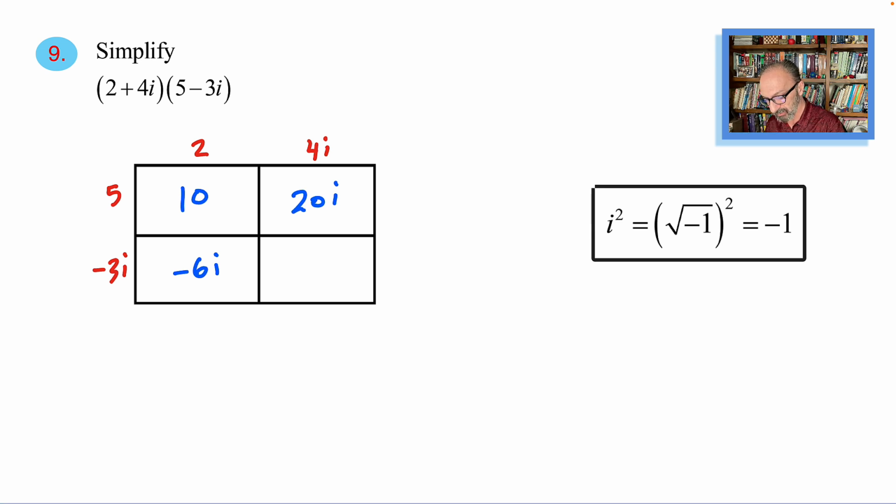Let's take our time to show the steps. That is negative 3i times 4i, which is negative 3 times 4, negative 12. i times i will be i squared, but i squared is negative 1. Negative 1 times negative 12 is positive 12. Now we need to combine like terms. This is the real part, it doesn't have i's. 10 and 12 equals 22.